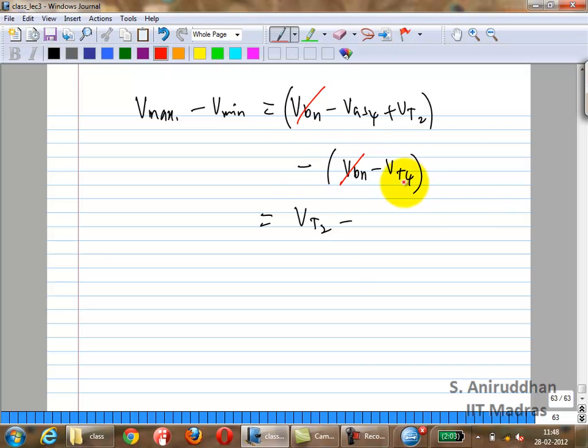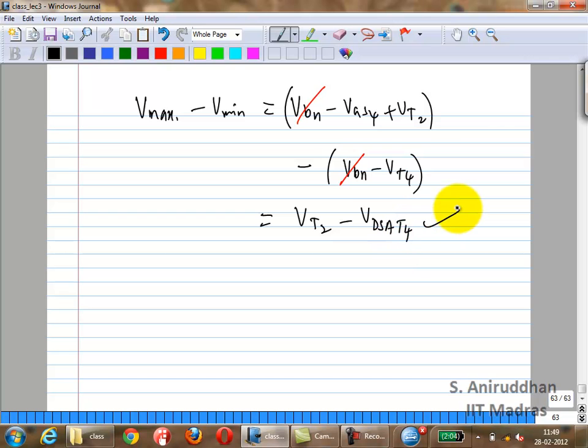This becomes plus Vt4 minus VGS4. What is that? What is Vt4 minus VGS4? Minus VDSAT4. Okay? This is the actual voltage range at the output, not dynamic range. This is as much as it's allowed to swing to keep those two devices in saturation. Correct?